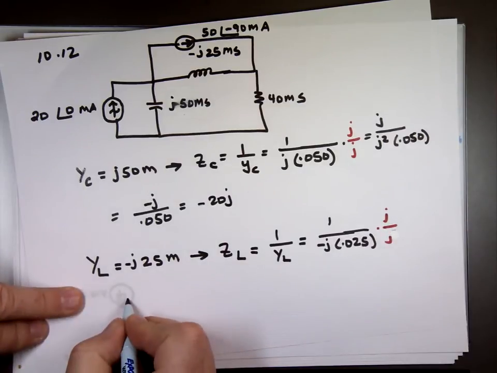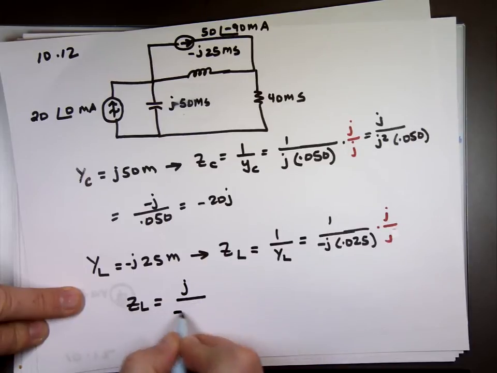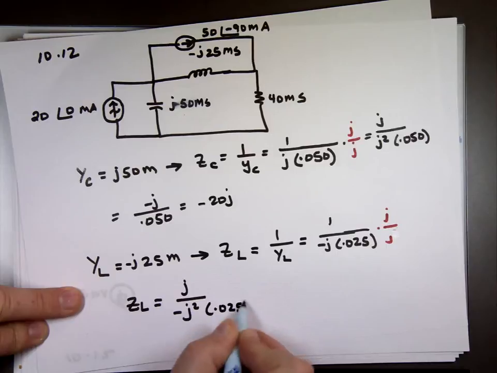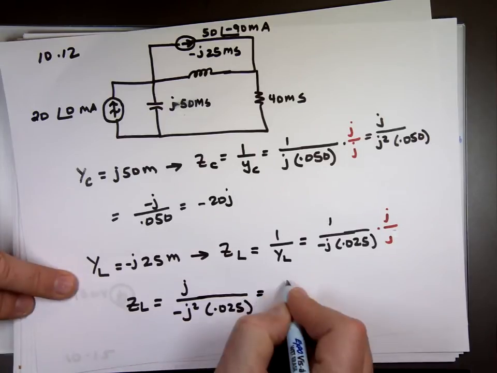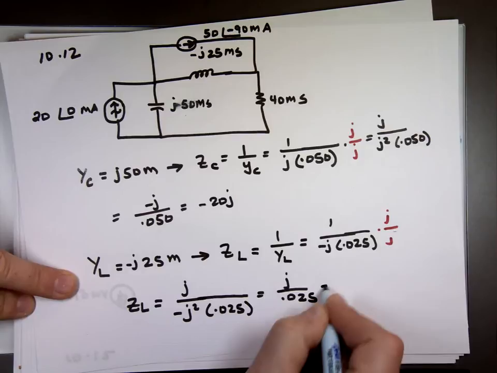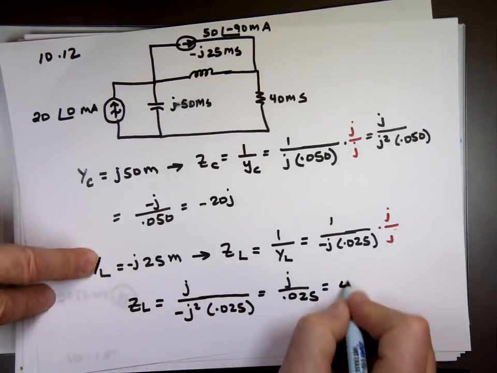So ZL is going to be j over negative j squared 0.025. And j squared is a minus 1, so what's a minus 1? That's a plus 1. One divided by 0.025, which is 40j.